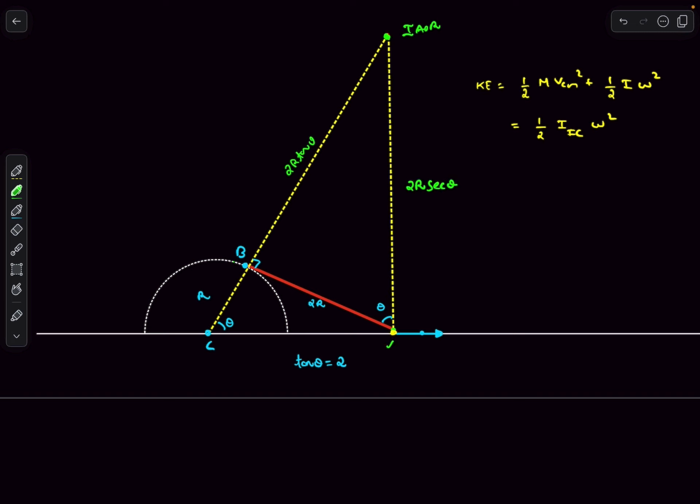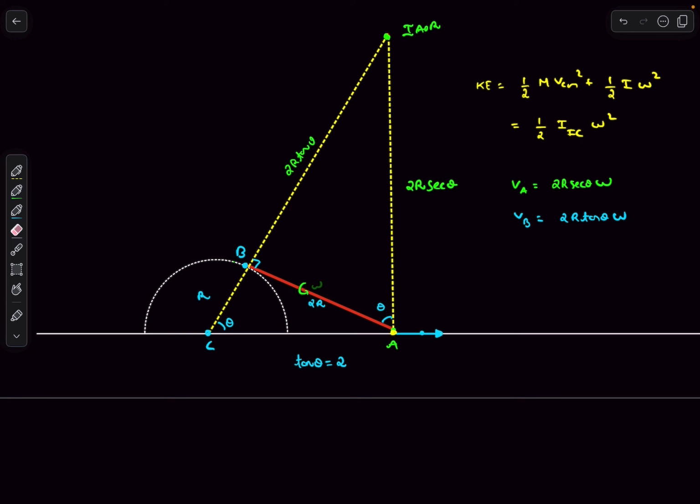Let's call this point A. If the angular velocity of the rigid body is omega, then the velocity of point A is 2r secant theta multiplied by omega, because the perpendicular distance from the axis of rotation is 2r secant theta. Similarly, the velocity of point B is 2r tan theta multiplied by omega, once again because the perpendicular distance is 2r tan theta.